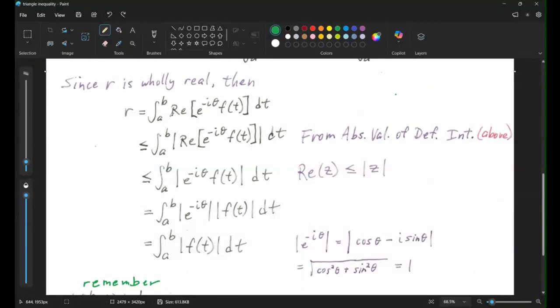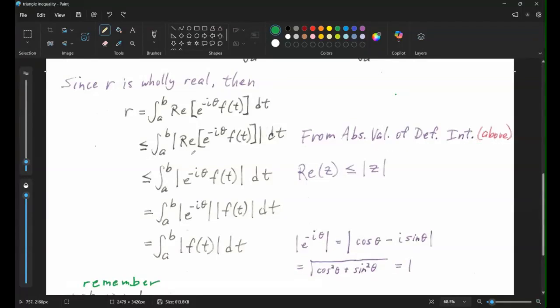So remember from above, if we have an integral and we enclose the function in absolute value, then it's going to be greater than or equal to this. Okay, so that gets us up to here, and that's from what we just saw above.